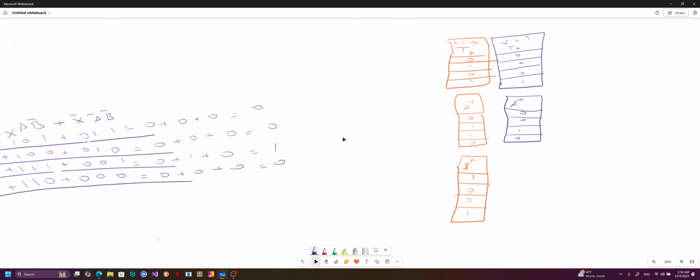So we have B plus when x equals to 1. The values are 0, 0, 1, and 0.